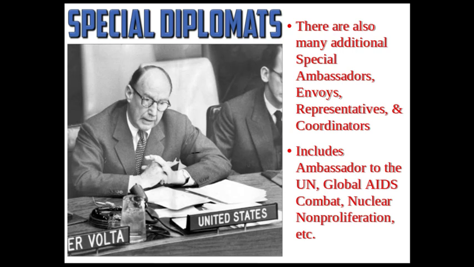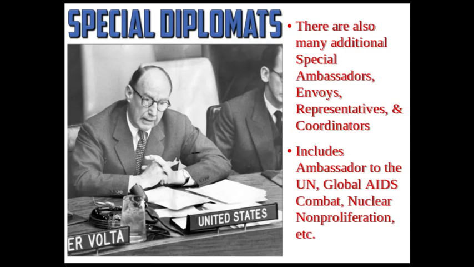That guy is named Adlai Stevenson, and he was the fifth U.S. ambassador to the UN. Now in 2020, we're on the 30th ambassador, but Adlai there, he was the fifth.